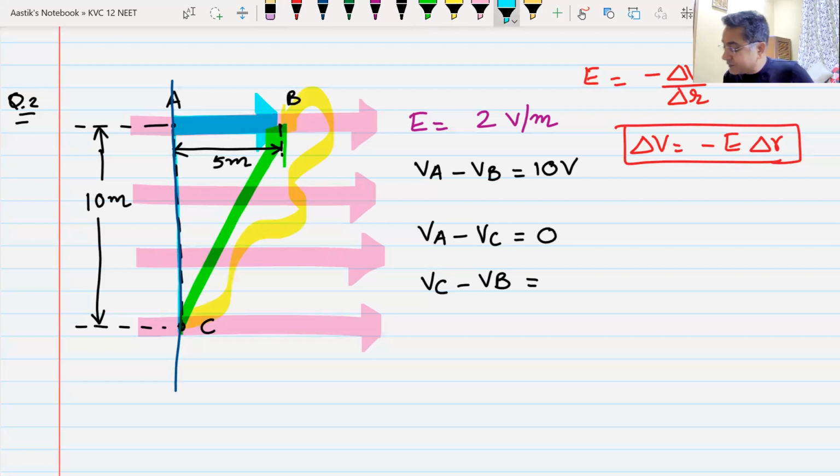Remember, potential difference between 2 points does not depend on path, and that is one important point that you must remember.